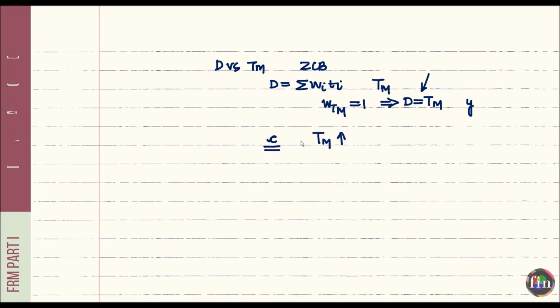Now, before I move ahead, the general rule of thumb which my ZCB tells me is that duration increases as time to maturity increases, and since the two are equal, it tells me that the sensitivity of change in duration with respect to time to maturity is 1. Okay, that's what ZCB is telling me. Now, when I introduce coupons and again try and play with my time to maturity, what happens? When I increase my time to maturity, what have I done? I have pushed the big guy.